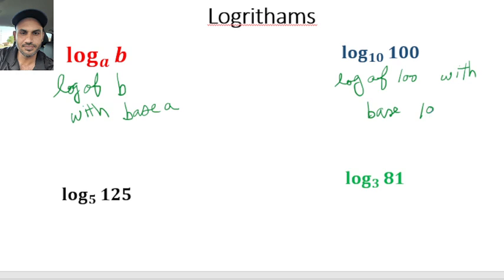Now if we go a little further down, here we have another expression. Here the base is 5 and the number is 125. So we're taking log of 125 with respect to base 5.